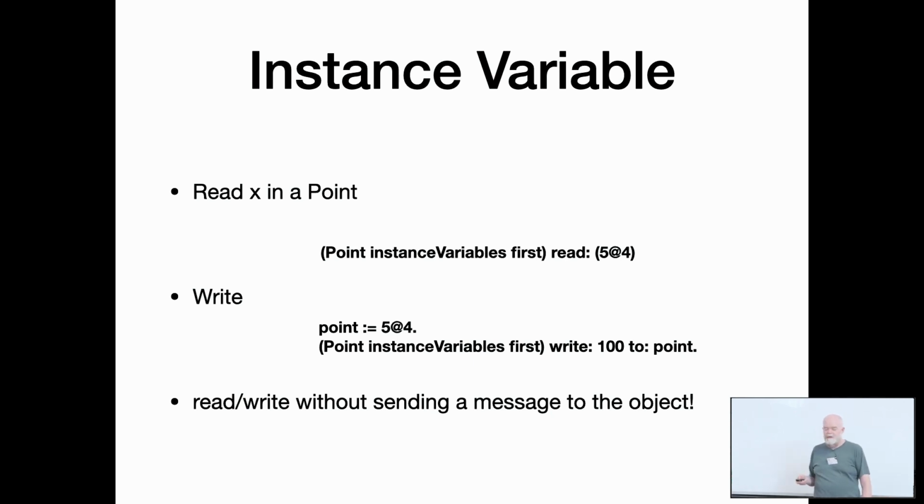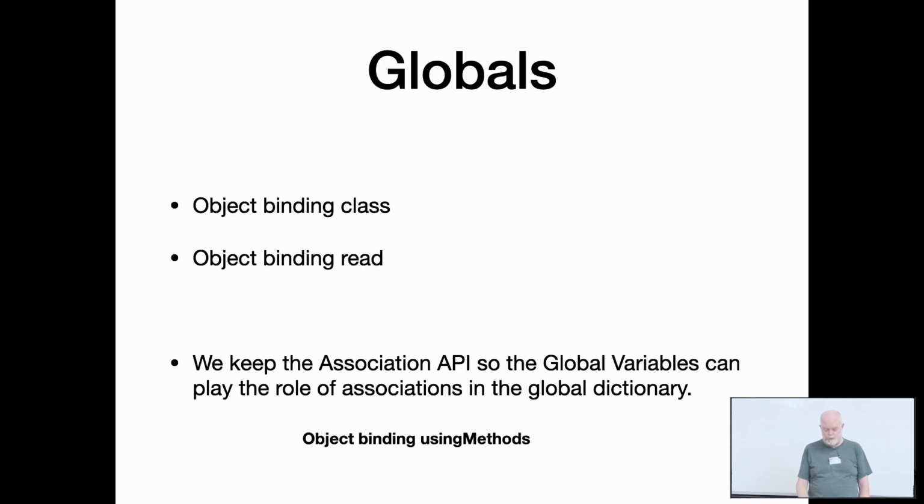The nice thing is that these meta objects read and write without sending a message to the object. They use the primitives that we have in the system to change state without having to send another message to the instance. As such, they are real meta objects for the instance with regard to reading and writing state.